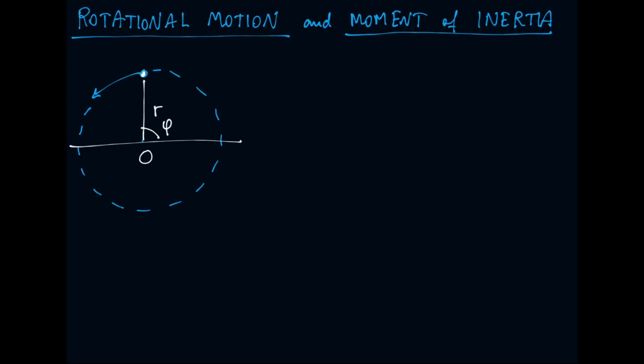We wrote all the equations for the coordinates x and y, for example. We said that velocity is tangential and equal to omega r, where omega is the angular velocity, namely the rate of change of the angle phi.